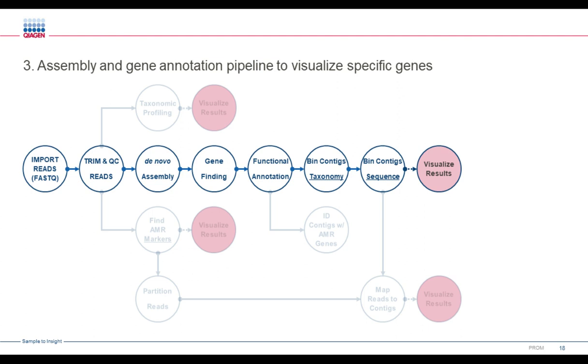Once we produce our contigs out of that assembly, we then proceed with gene finding and functional annotation of those genes that were identified using the QMI AR database, as well as followed up with 2 steps of binning. And for those of you who aren't familiar with binning, the idea here is that you have completed a de novo assembly and you want to ask the question, which species, or genus, or family level classifications can I make for the individual contigs?